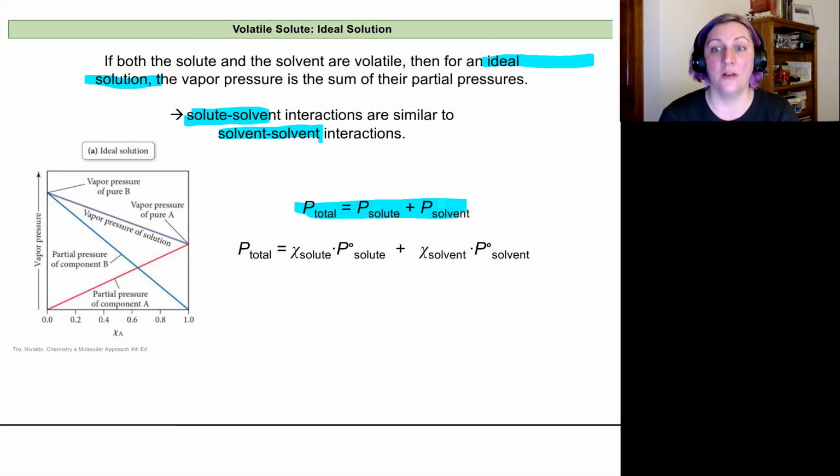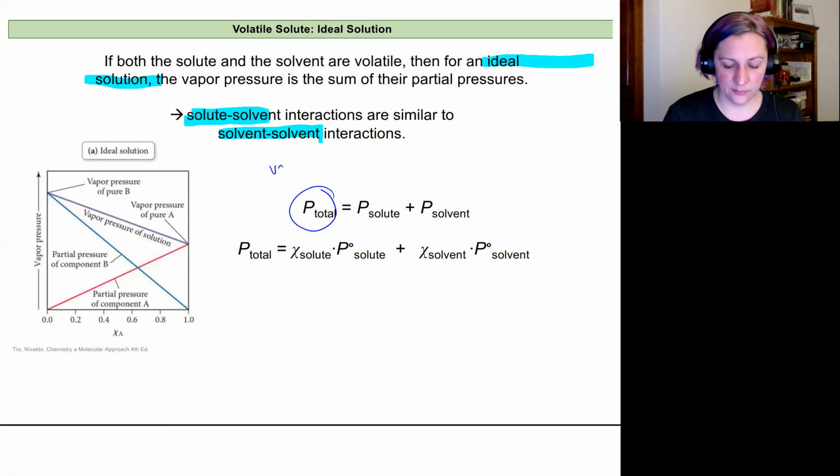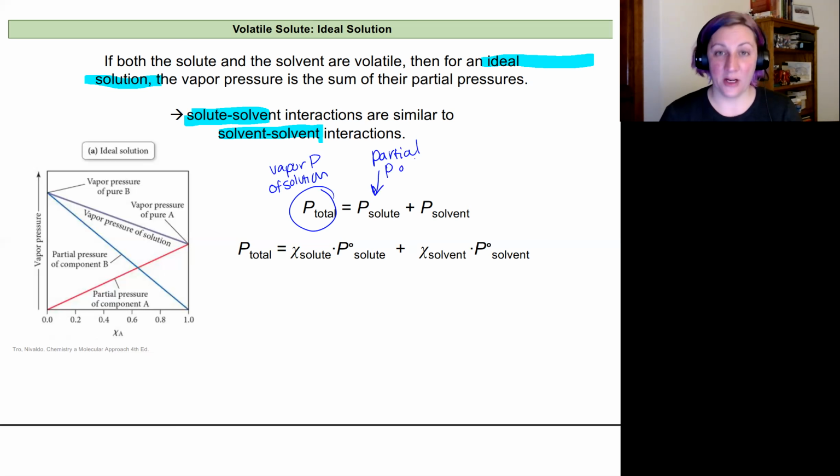So that's going to look like this. The vapor pressure for our solution is going to be this P total right here. And it's going to be equal to the partial pressure of the vapor pressure of our solute and the partial pressure of the vapor pressure of our solvent, right?